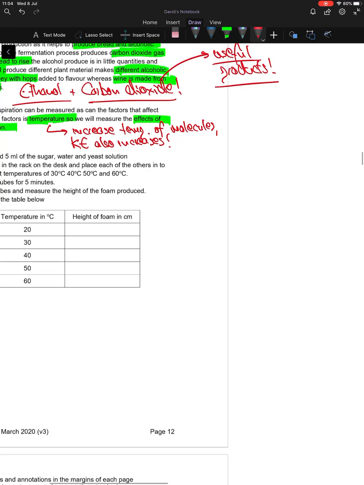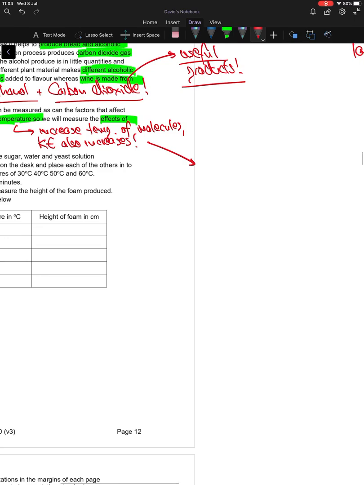Okay? Kinetic energy also increases. Now, if the kinetic energy increases, what are the molecules doing more of in terms of their movement? The molecules move more.